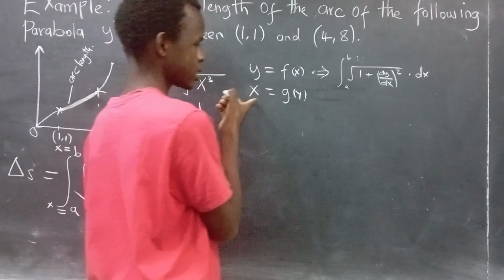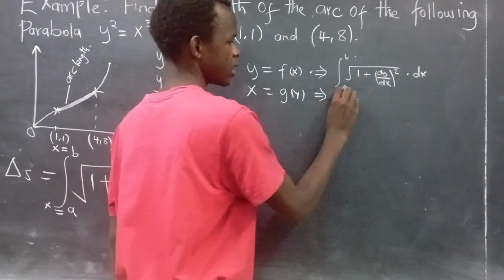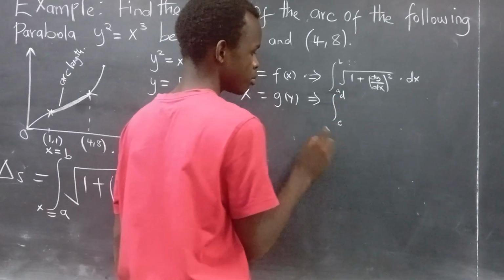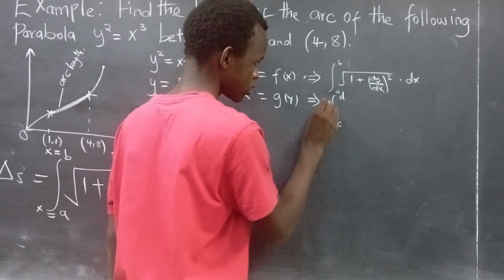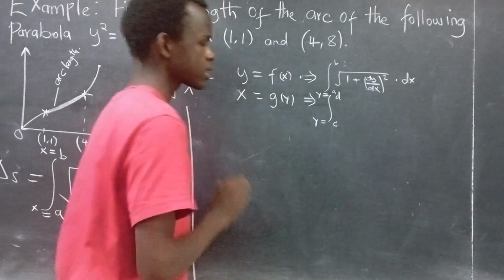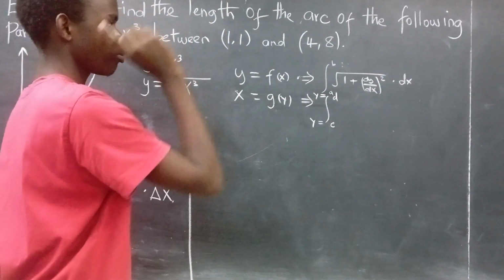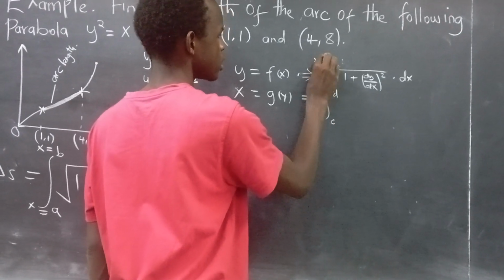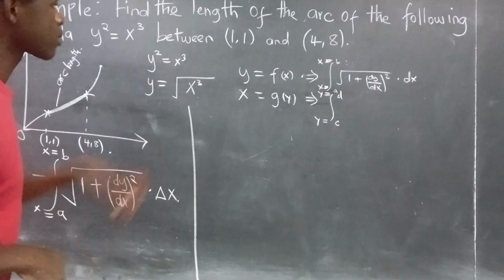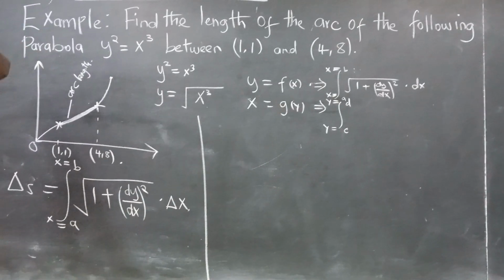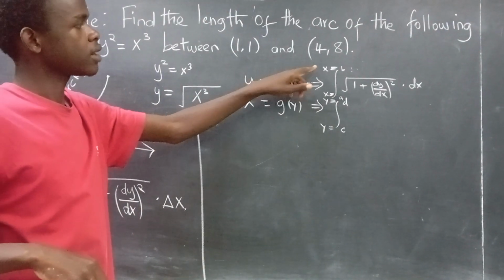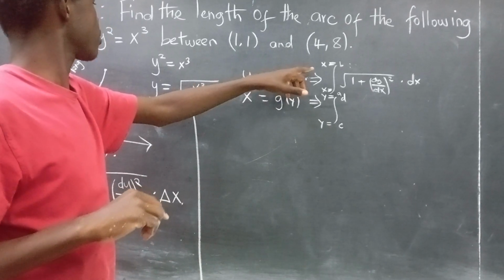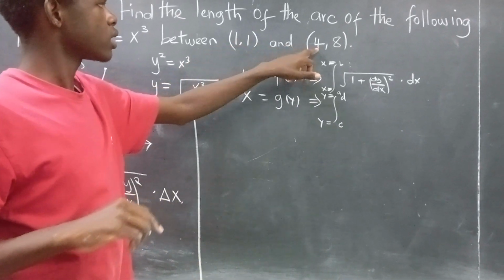When I'm given x as a function of y, it's the integral from c to d, but now these will be the y values, while for this case they are the x coordinates. So for our case, we'll be using the upper part. We'll choose our bounds, not the interval. The bounds will be 1 to 4.